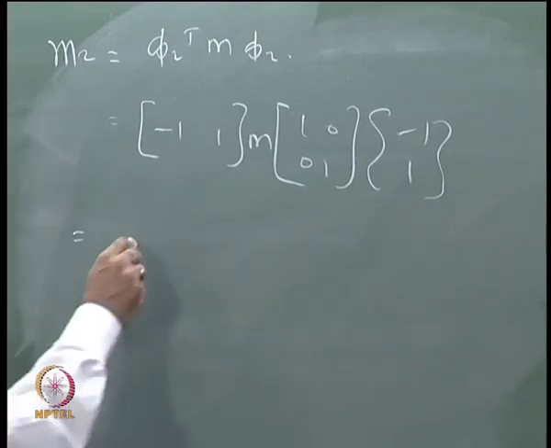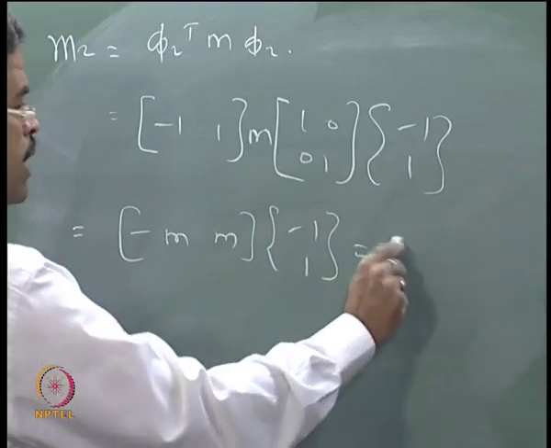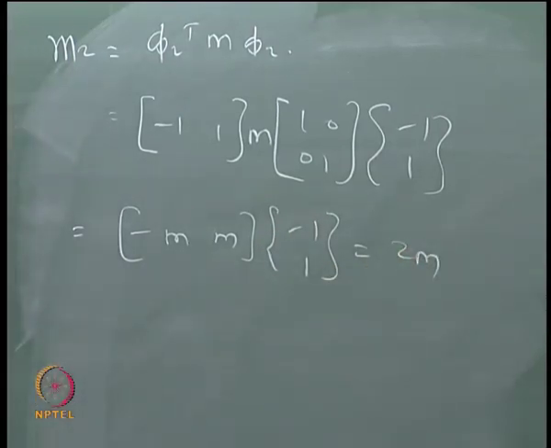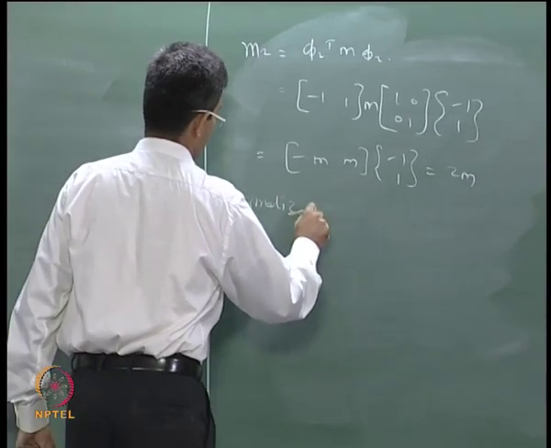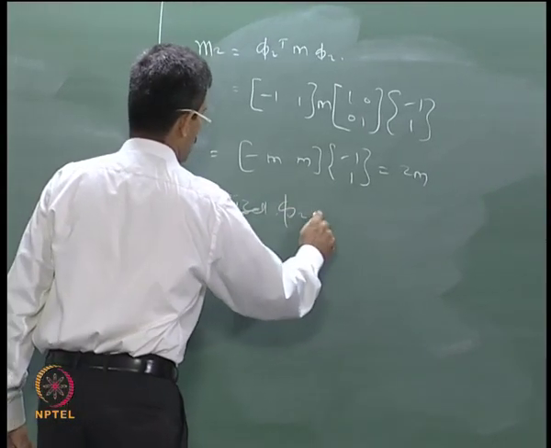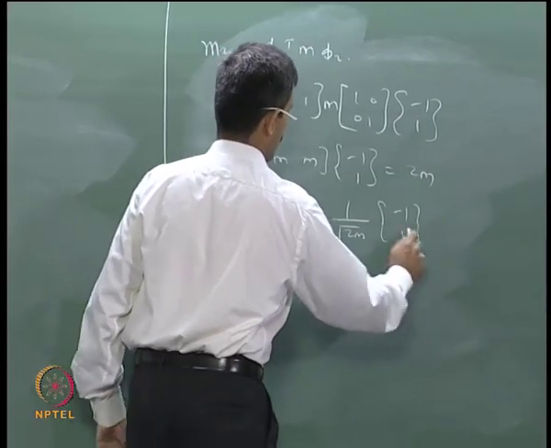What is the value? So, minus M of minus 1 1, again I think you get 2 M. So, the normalized phi 2 will be again 1 by root 2 M of minus 1 1. Is that okay?